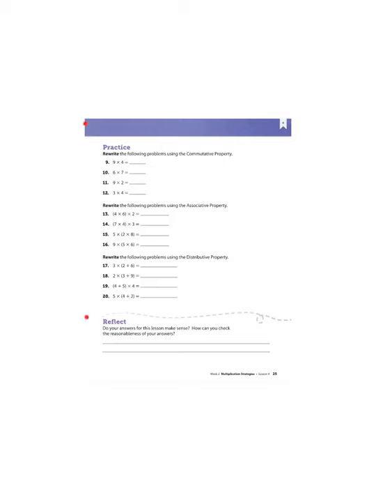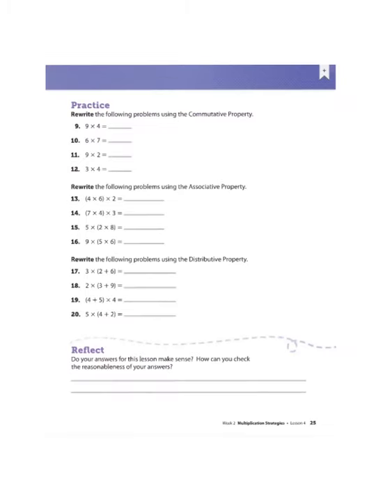On the next page, I was hoping I could make this a little bit bigger. There we go. On number 9 through 12, we're going to rewrite the following problems using only the commutative property. So for 9 through 12, that means that we don't have to use any parentheses because it's the commutative property.